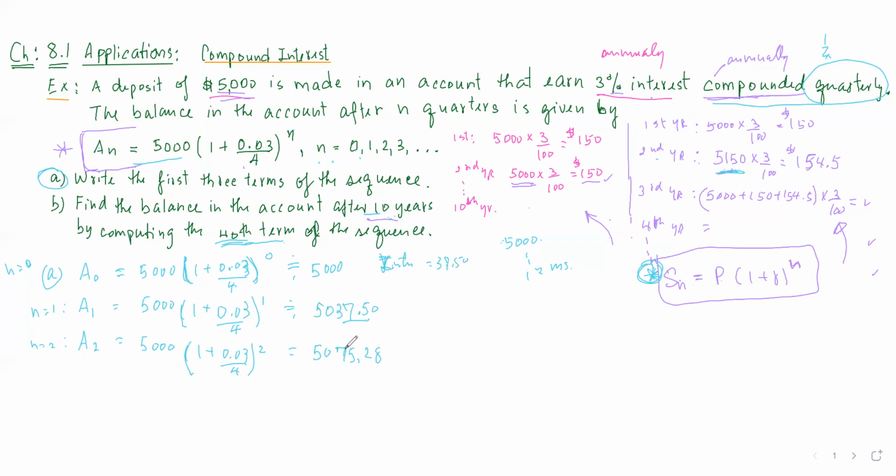Okay, so at the end of the second year, you earn 75.28. That's the interest you got. Okay, now these are the first 3 terms, 1, 2, 3, and the first term starts with 0. Like a sequence when you do homework, period 1, right? If they say nothing, you start from 1. If they're specific, you have to follow. They can start from the 3rd year, 4th year, 5th year, whatever. Okay, now come to any questions?